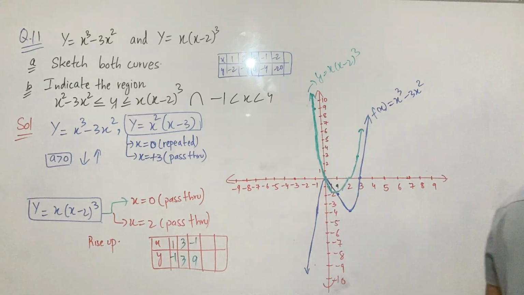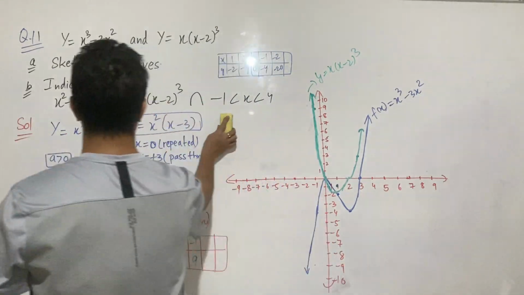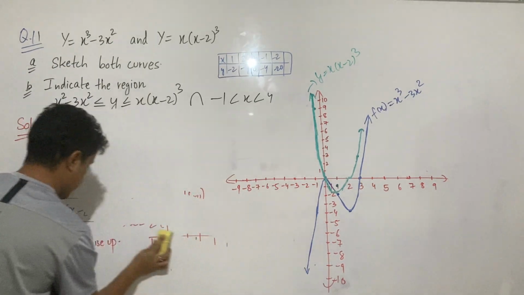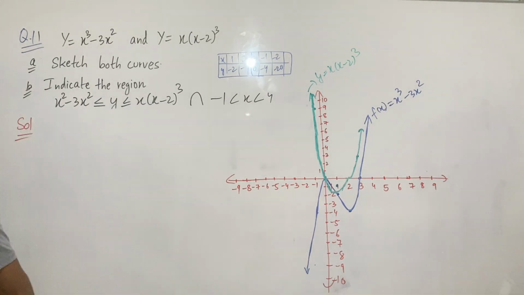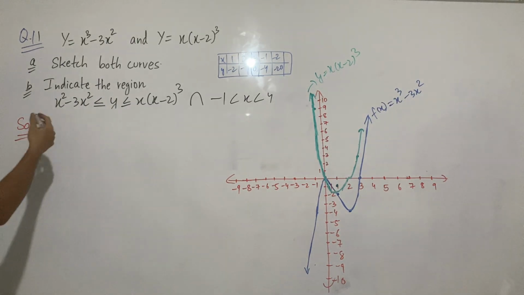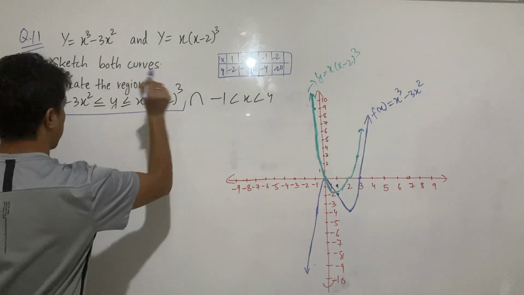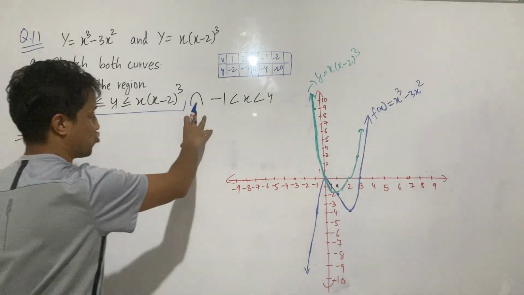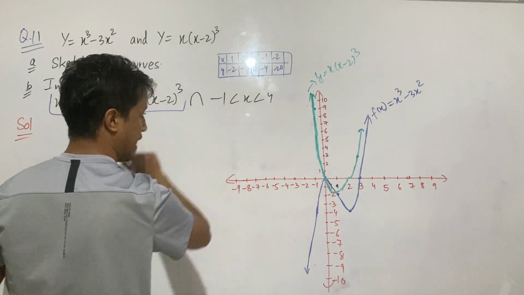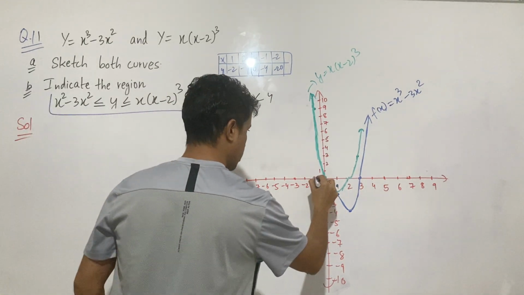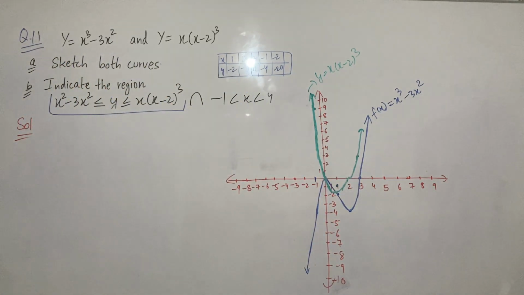We are more interested in the second part, which says: this intersection, the value of x between -1 and 4, -1 here, and 4 here. Okay, so we will see this.